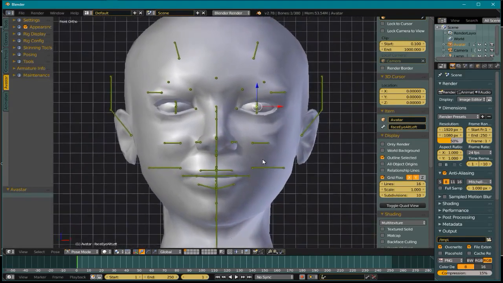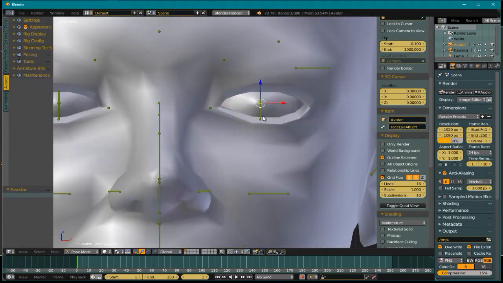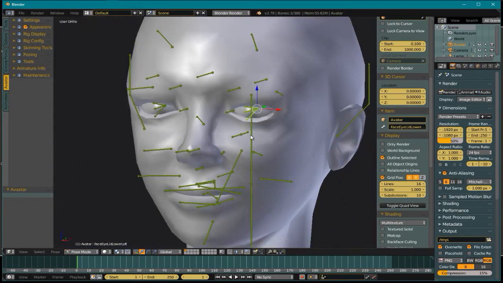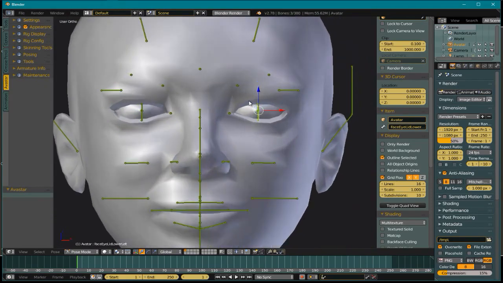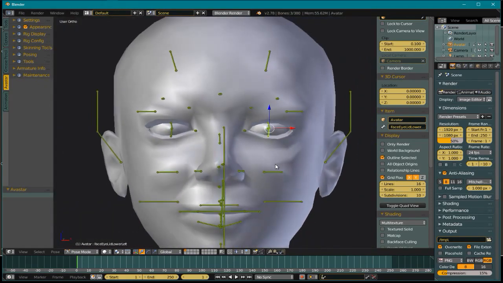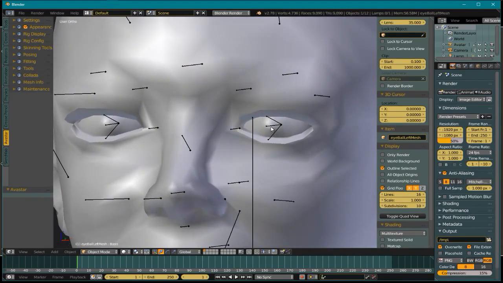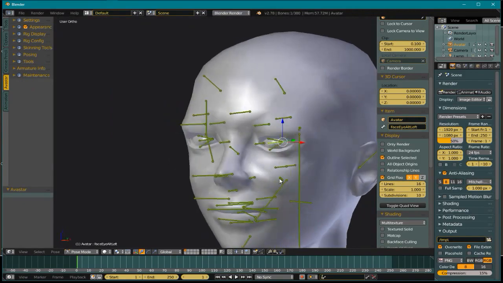The most important are the eye bones, all the bones related to eyes. Your mesh, when you make a bento head, the eyeballs have to be perfectly lined up with the default eyes. This has to happen, or else you're going to have all kinds of problems dealing with those eyes in Second Life.